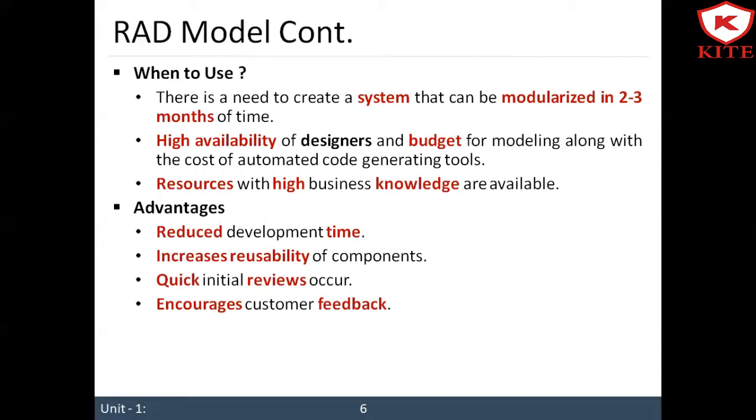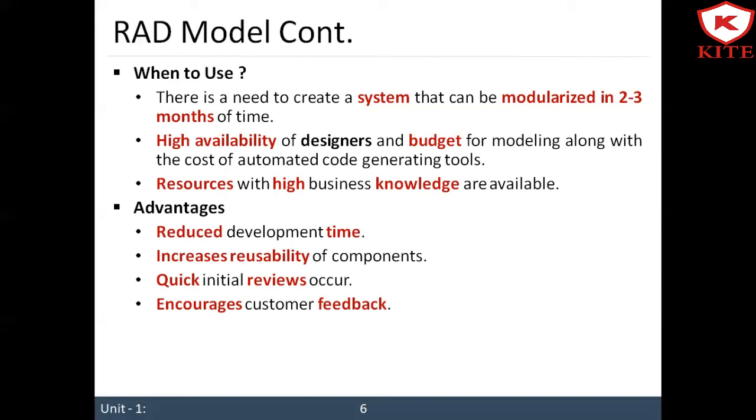So we need to buy automated code generation tools here for the construction activity. The next is resources with high business knowledge are available. Resources with high business knowledge means resources with high configurations. Many types of hardware and software are required for this rapid application development model.